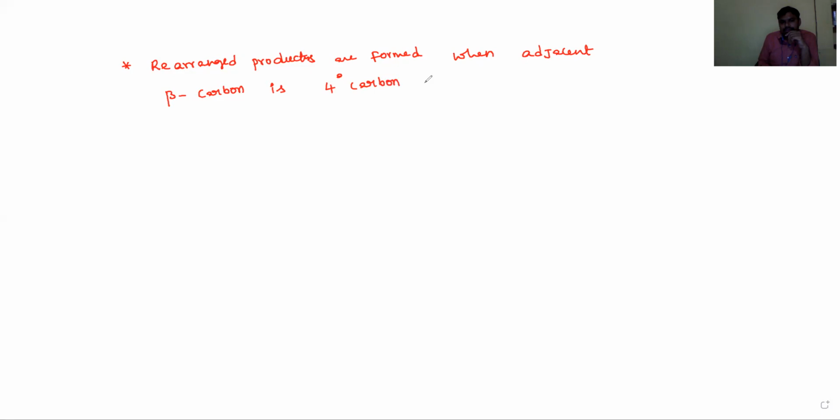Then the rearrangement product will be the major product. Rearranged products are formed, and that is the major product. The rearranged product is major, and it is a more substituted alkene also.